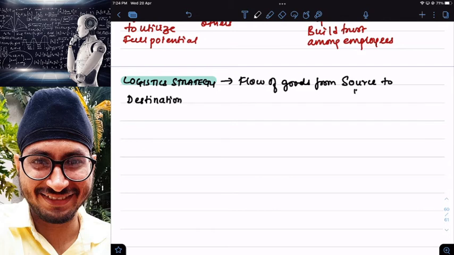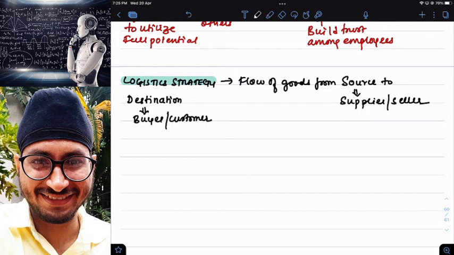Source means supplier or seller, and destination means buyer, or you can say customer. Taking the goods from seller and giving it to buyer is called what?